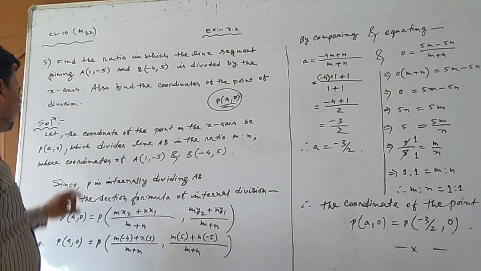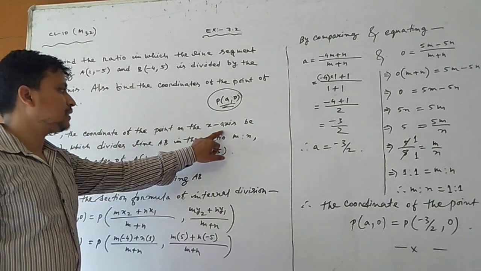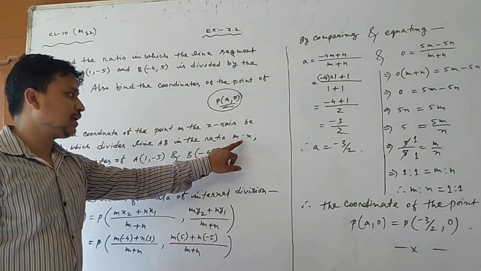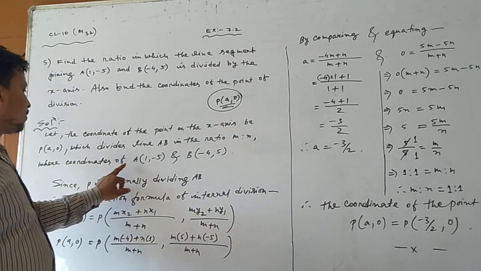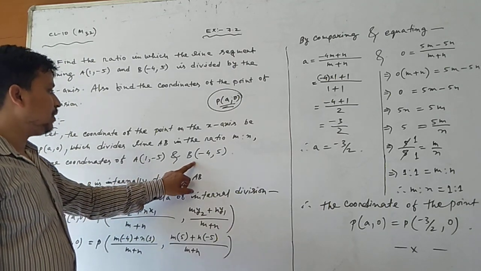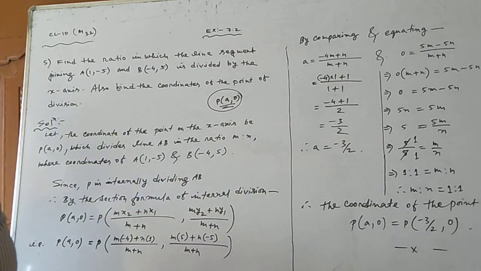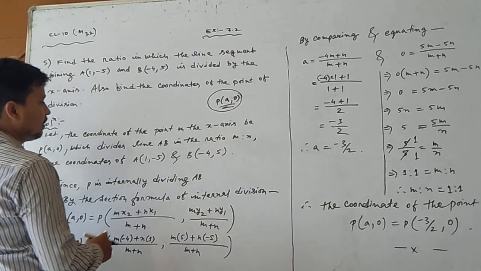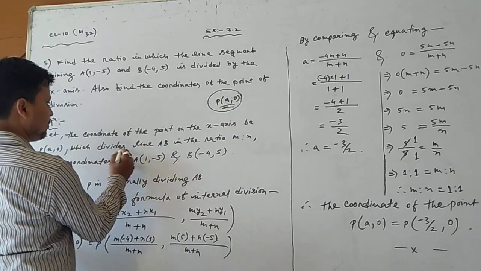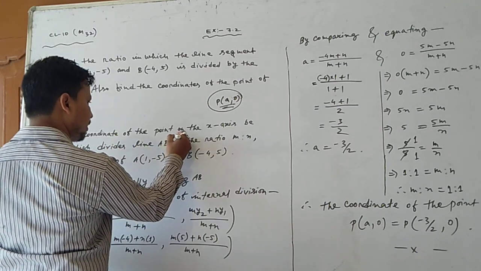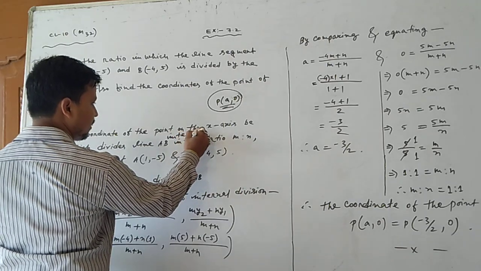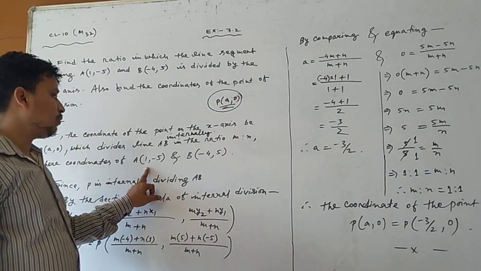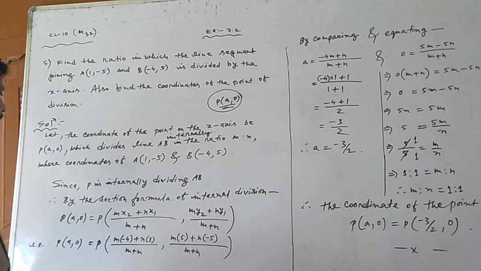So let the coordinate of the point on the x-axis be P(a, 0), which divides line AB internally in the ratio m:n, where coordinates of A are (1, -5) and B are (-4, 5).